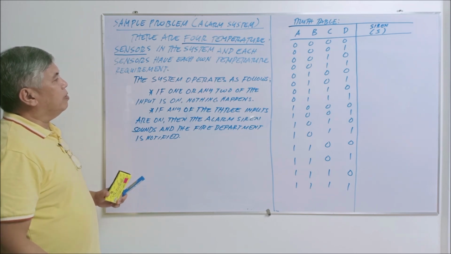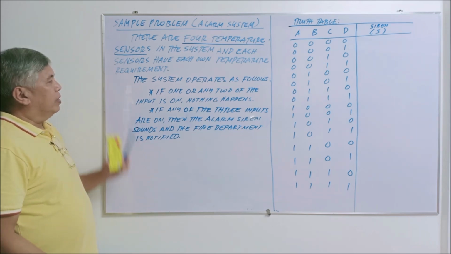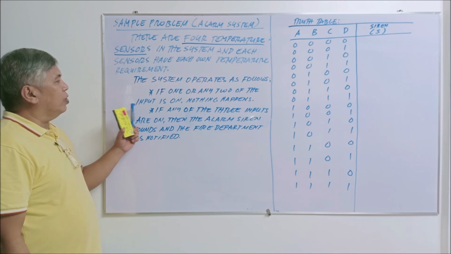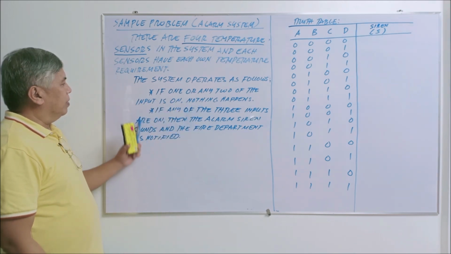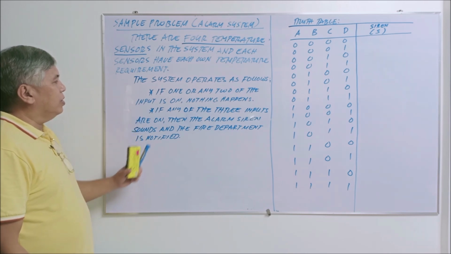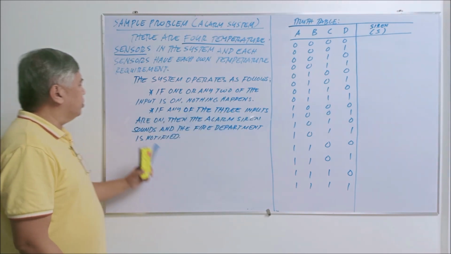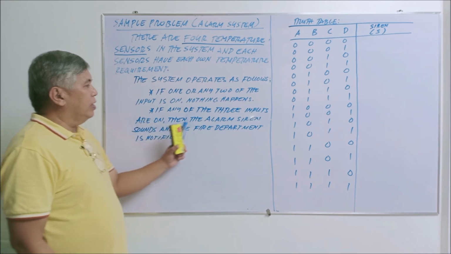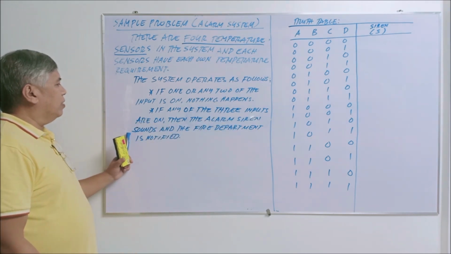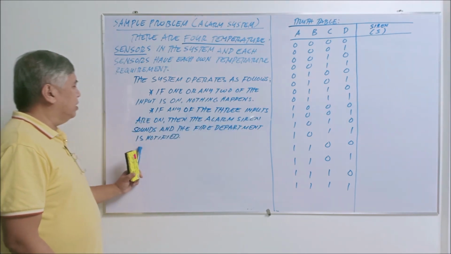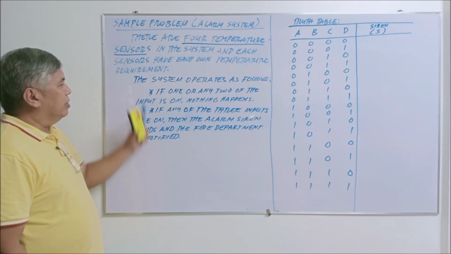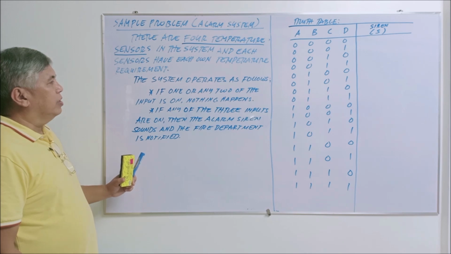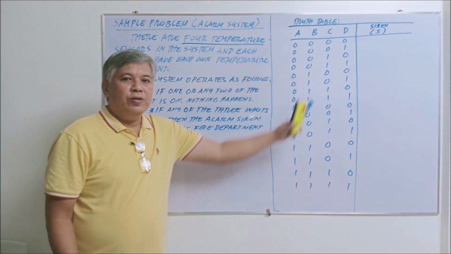Now, the system operates as follows. If one or any 2 of the inputs are on, nothing happens. Then, second condition, if any of the 3 inputs are on, then the alarm system sounds and the fire department is notified. Okay? So let us interpret these conditions here through our truth table.